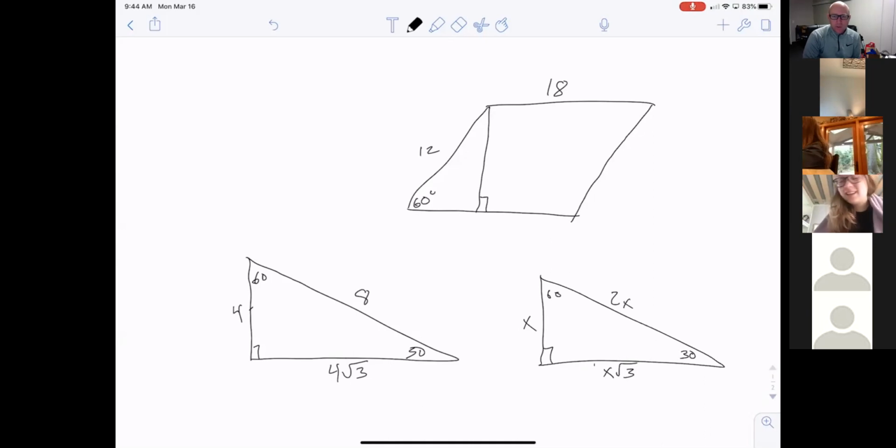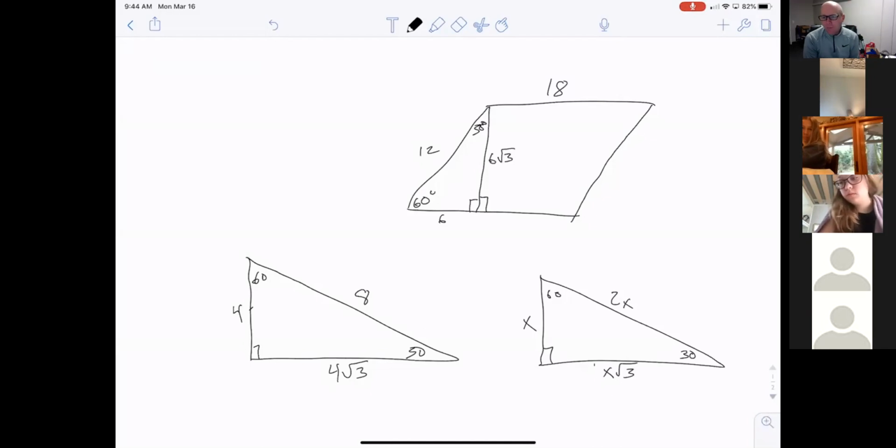Okay, so go back to my example on the top. If the hypotenuse in this case is 12, that side is 30, then I know that the side opposite the 30-degree angle is half the hypotenuse, so that would be 6. And then the leg, the altitude that I'm actually looking for, would be that short leg, 6 times root 3.